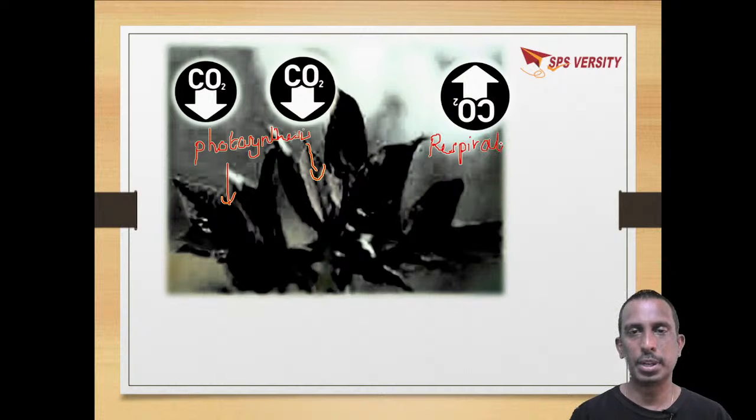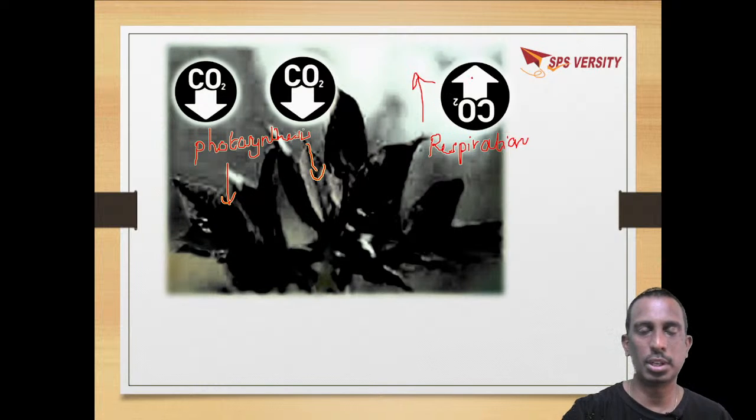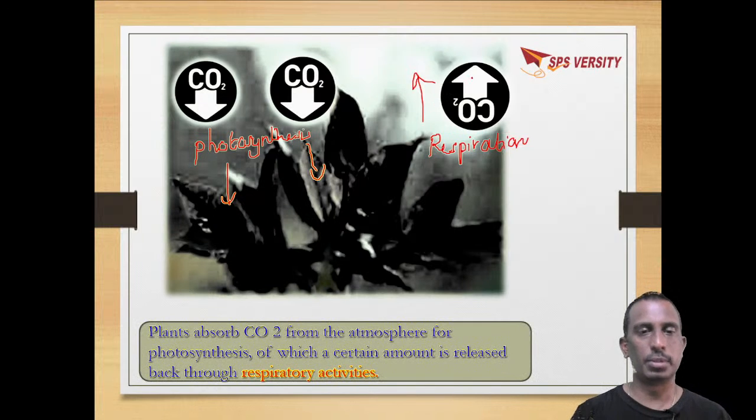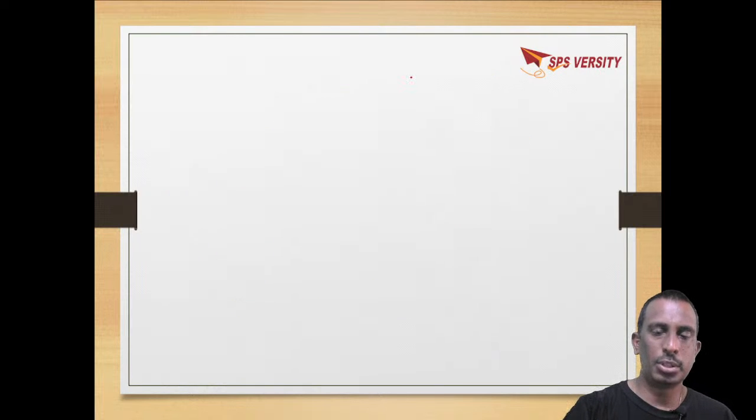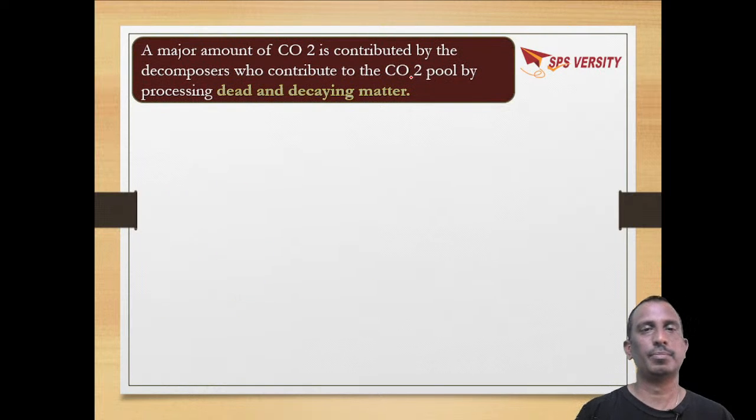By respiration, CO2 is released into the atmosphere. By photosynthesis, CO2 is taken in by plants. So plants use CO2 like this.